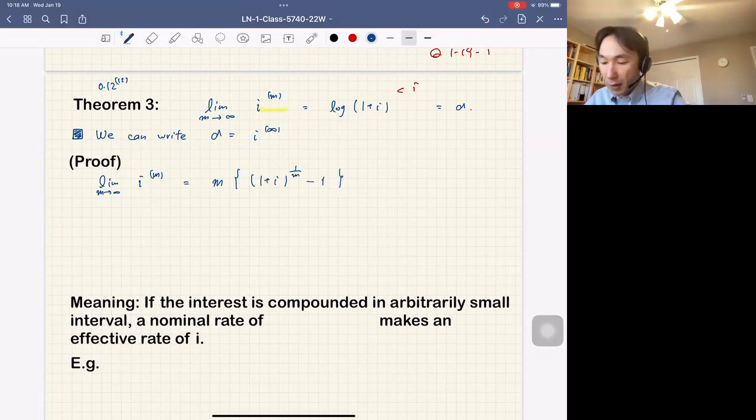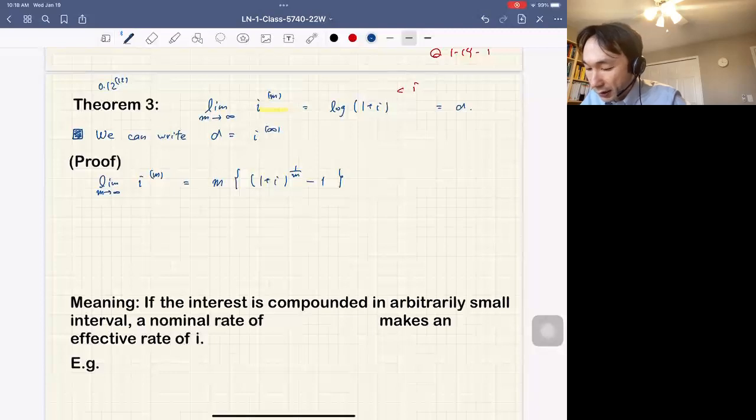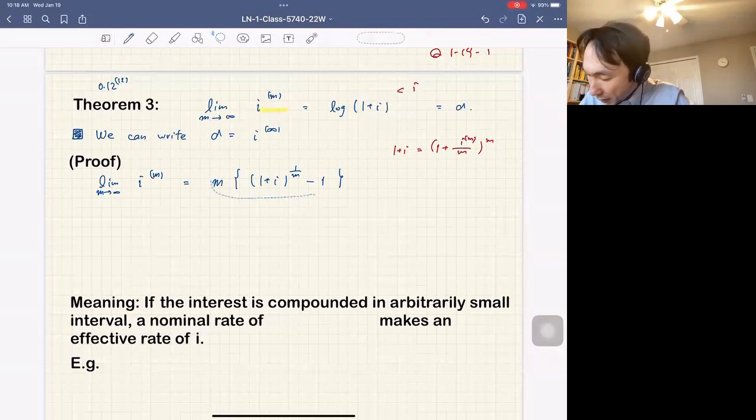You can check the definition of i superscript m; that is exactly this. Maybe you can remember it this way: 1 plus i is equal to (1 plus i superscript m over m) to the power m. If we do some algebra, this becomes this. Sorry, we still have to take the limit, m goes to infinity.